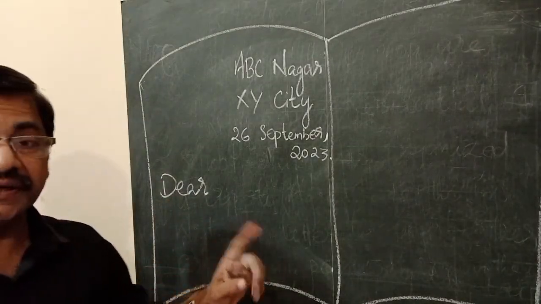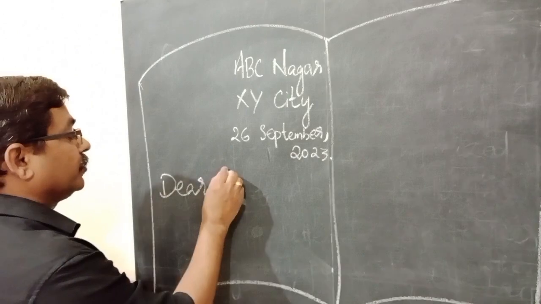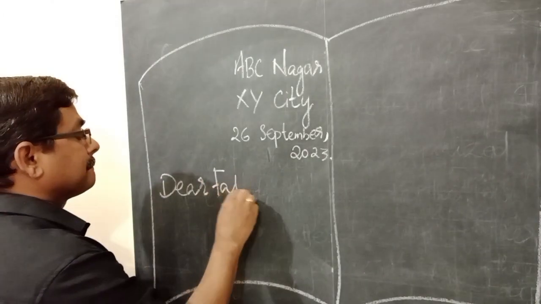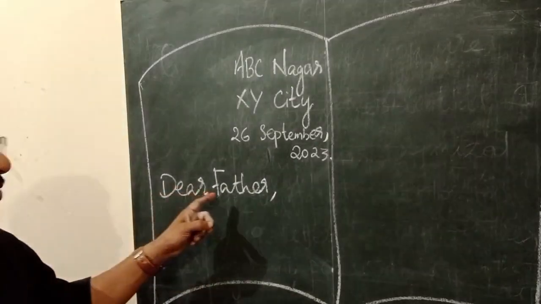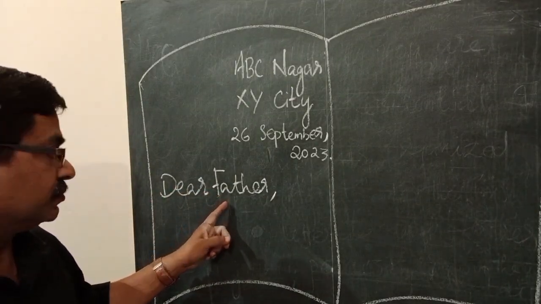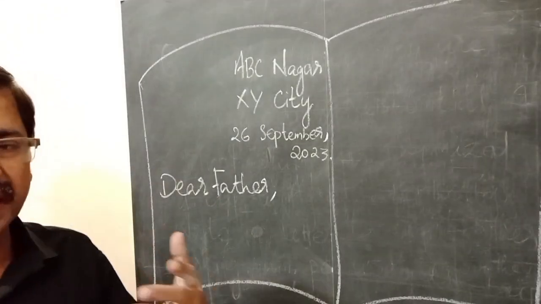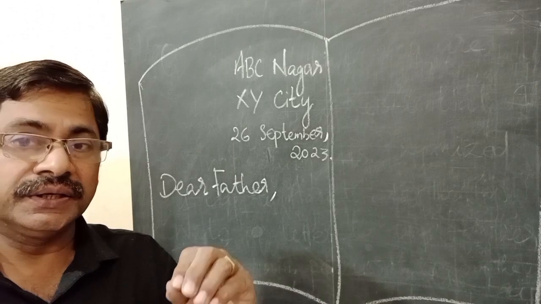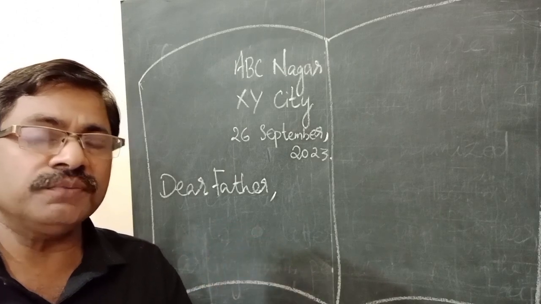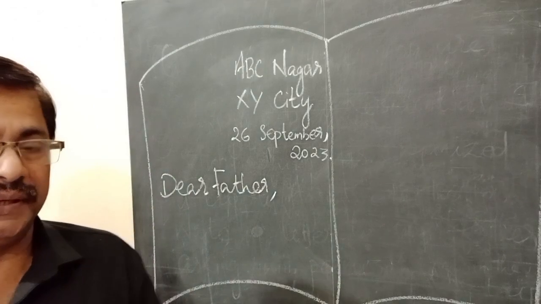Dear, write a letter to your father. So we have to write Dear Father. D and F should be capitalized. Whenever we are starting the first sentence, definitely it should be something that will make the reader feel happy.